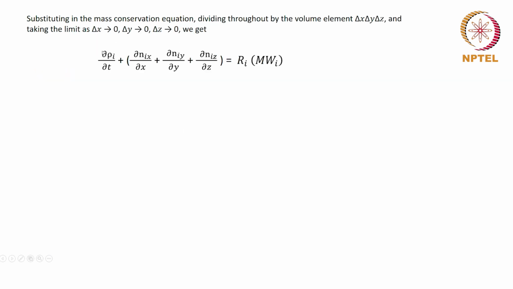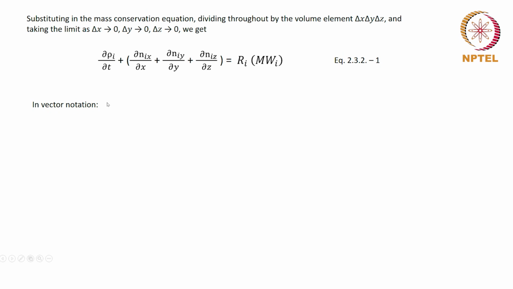And therefore, the mass balance equation would become ∂ρi/∂t plus ∂nix/∂x plus ∂niy/∂y plus ∂niz/∂z equals Ri, the volumetric basis rate, times the molecular mass of i. We will call this equation 2.3.2-1.